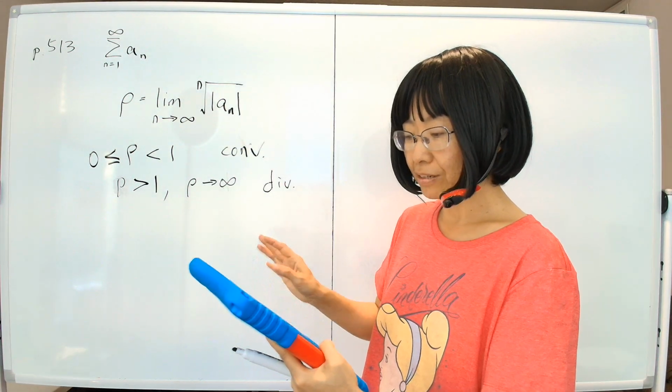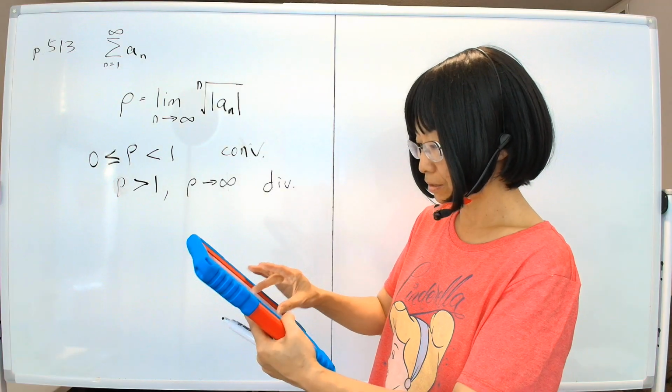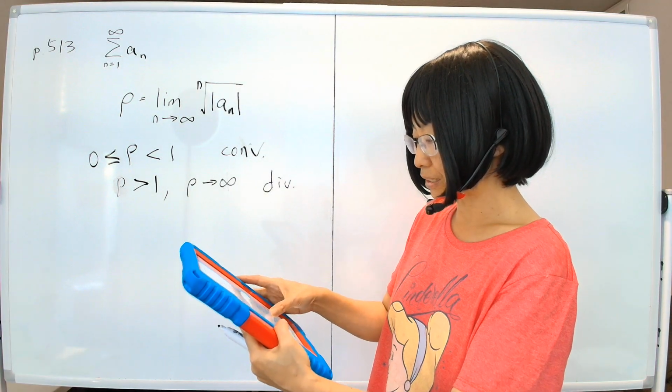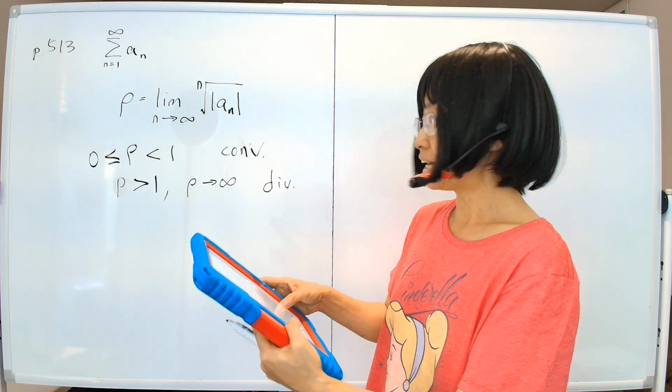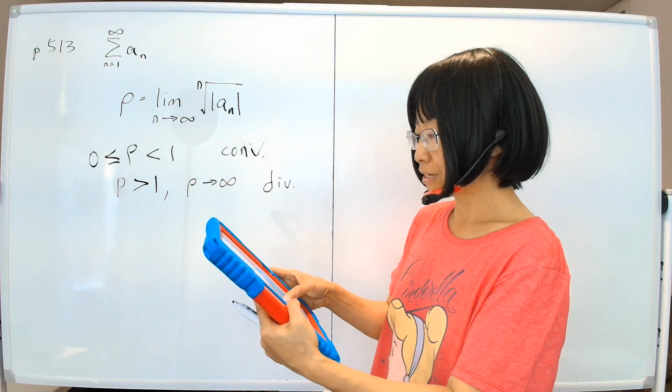There is not a rigorous proof for the root test, because the proof is more of an intuitive approach.